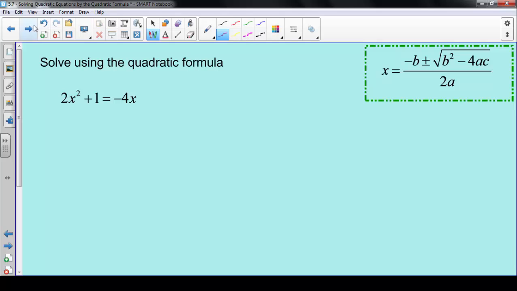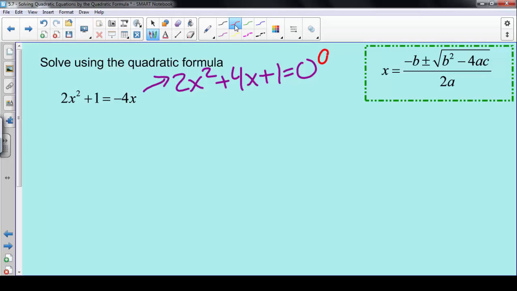So this next one, notice it's not equal to 0 yet, so that's the first thing we got to do. So add that 4x to both sides. A is 2, B is 4, C is 1.